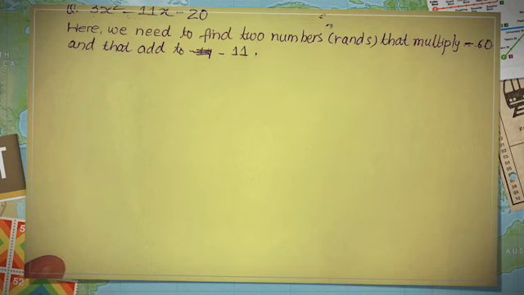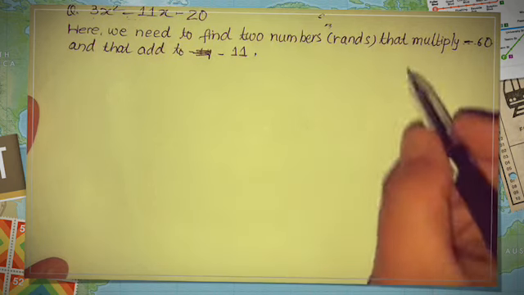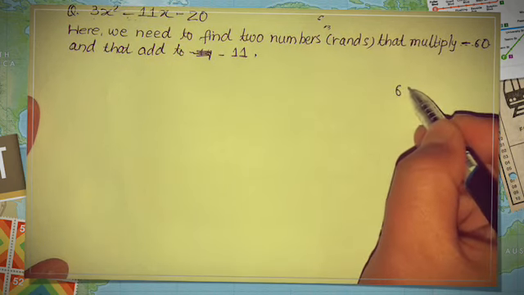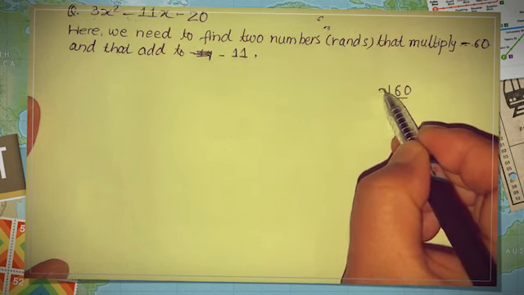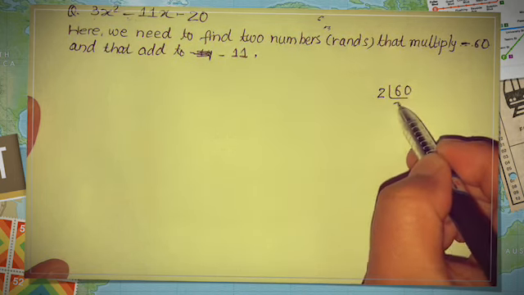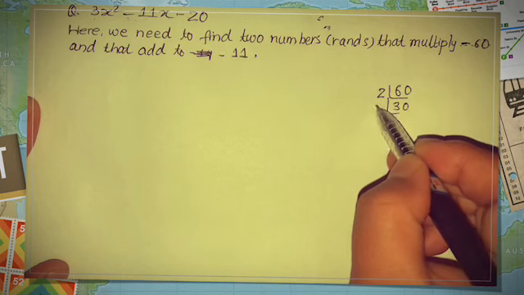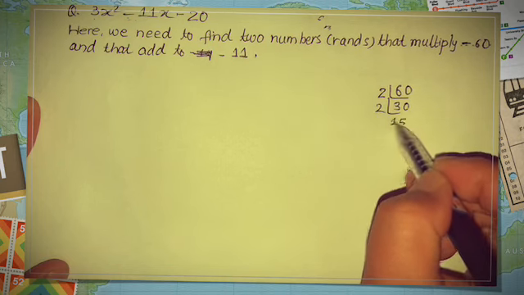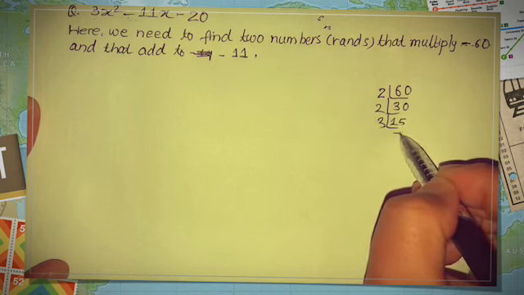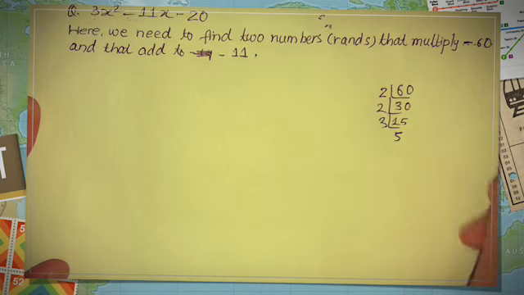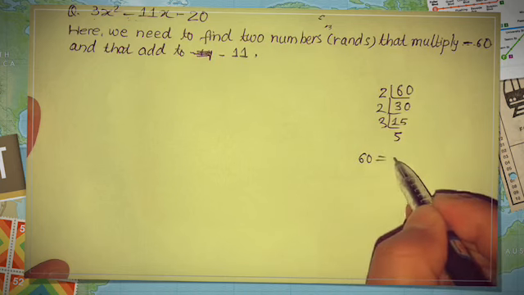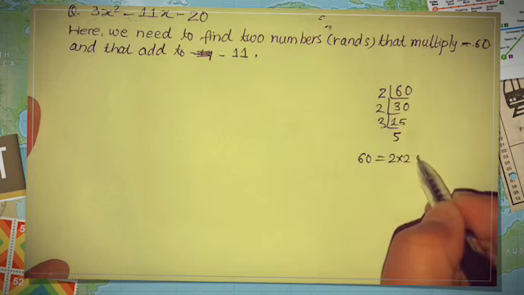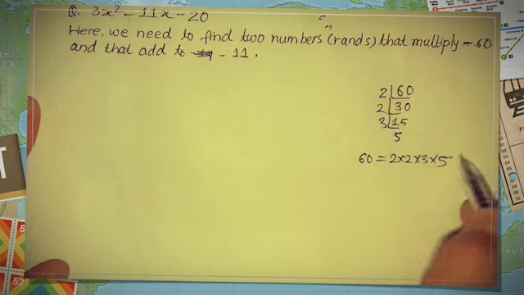Okay, for this one, 60, we have to factorize, we have to do prime factorization. Three 5. Okay, so in place of 60 we can write 2 2 3 5.